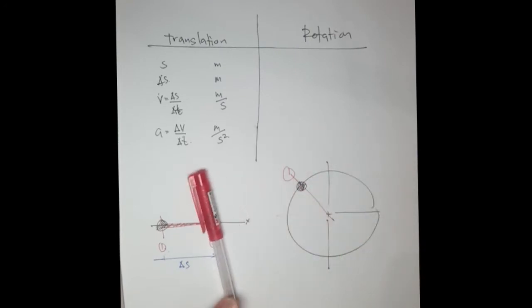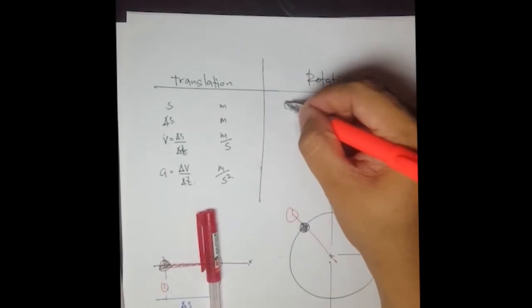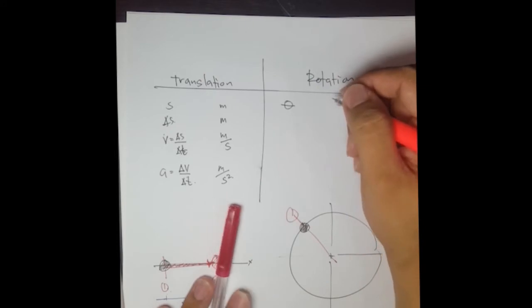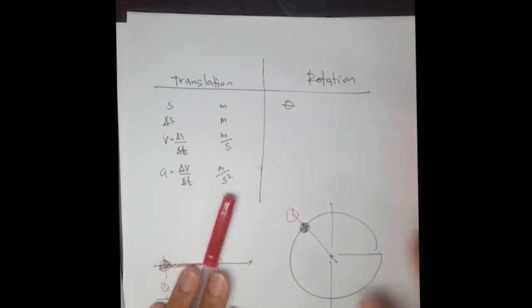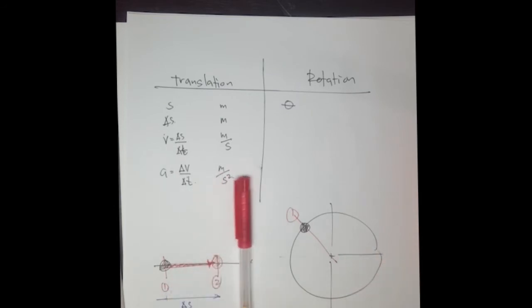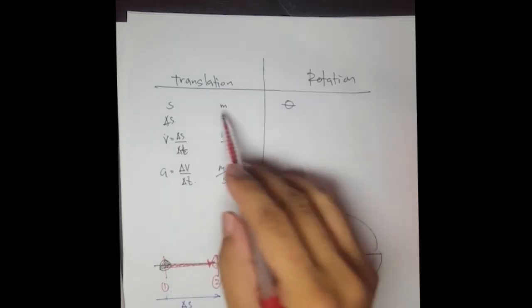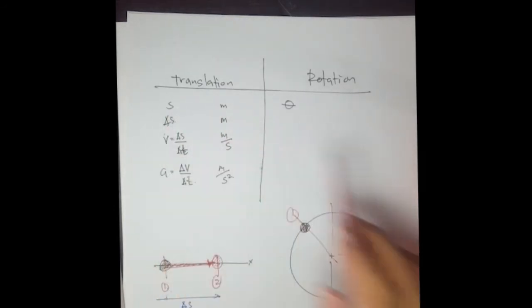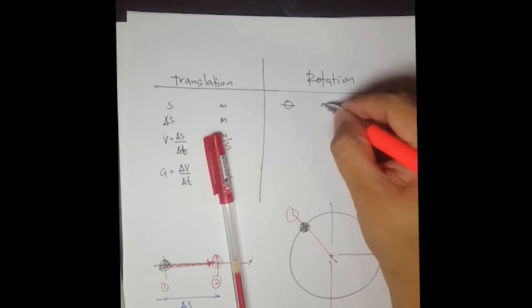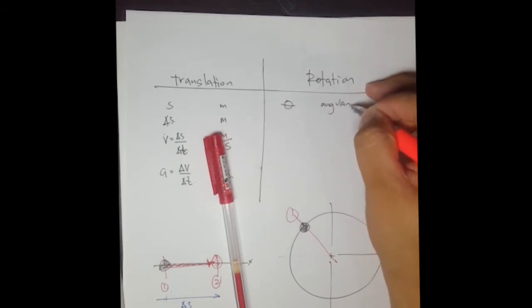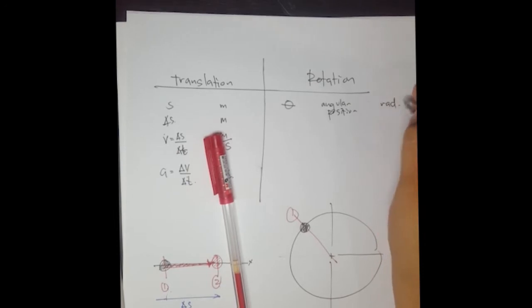For the position, we use the symbol theta. It's about measuring in terms of angles, so unlike here, where it's linear measurements, this one is angular measurements. So we refer to this as angular position, and the unit is in radians.